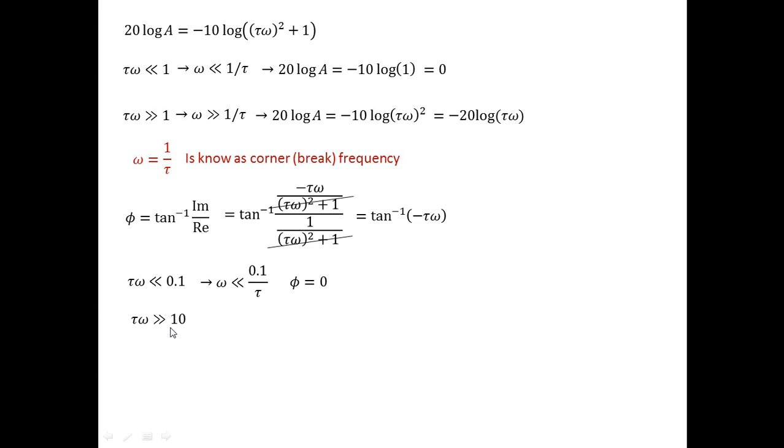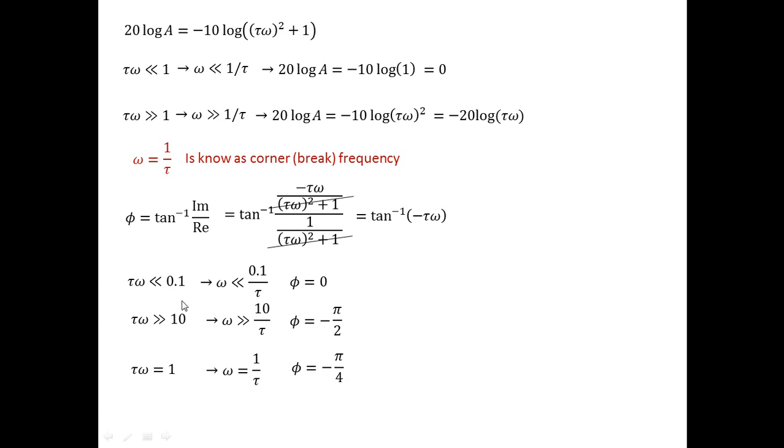If tau omega is much bigger than 10, it means omega is much bigger than 10 over tau, so the tangent in this one will be a huge negative value, which means tangent inverse of infinity, almost infinity, will be minus pi over 2. In a special case, when tau omega is equal to 1, which means omega equal to 1 over tau, at the corner frequency, phi will be minus pi over 4.